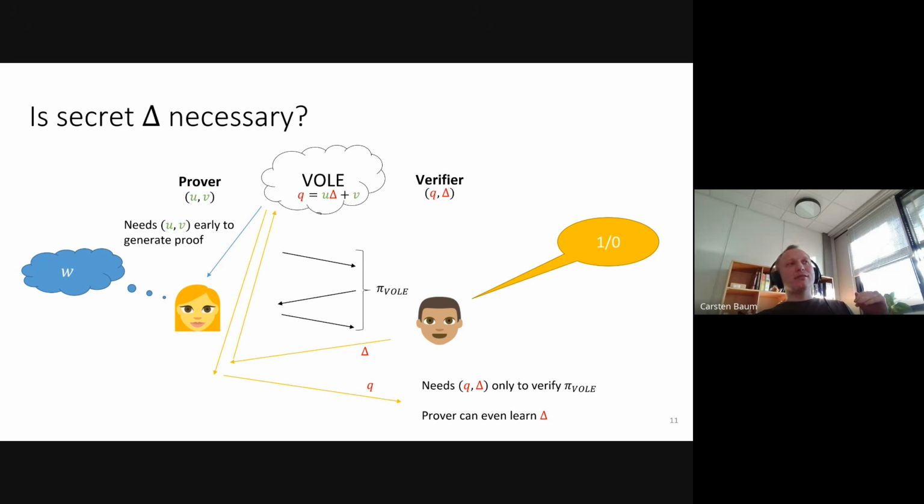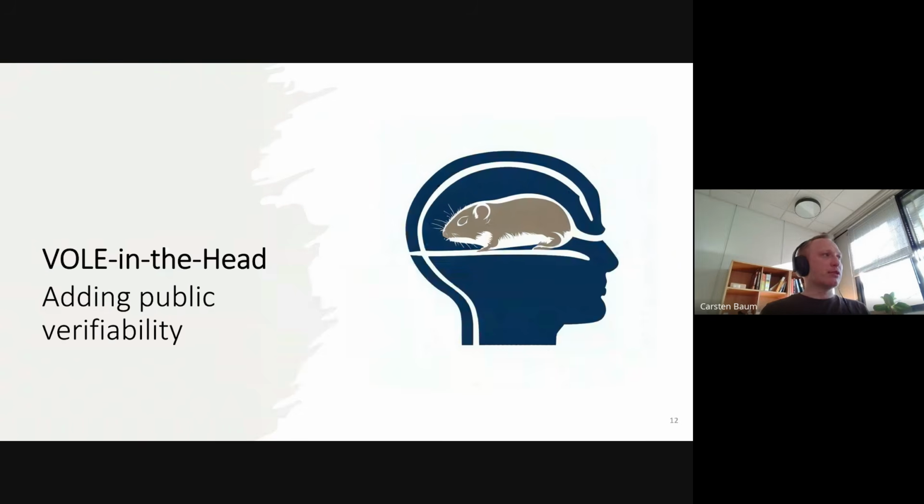But there's now an asymmetry where the prover learns some information a lot earlier than the verifier, and this is something that we can use in order to build a proof system that is non-interactive, right? Because there's no secret state that the verifier has anymore that would make it necessary to be a designated verifier proof. And this is actually how VOLE in the head works.